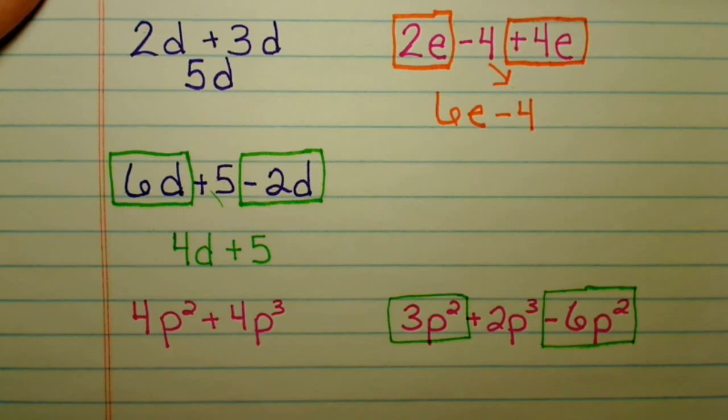Those are like terms because they have the same variable with the same exponent. So I can combine those. 3 minus 6 is a negative 3p squared, and then I'm just going to bring that one down. Just like that.